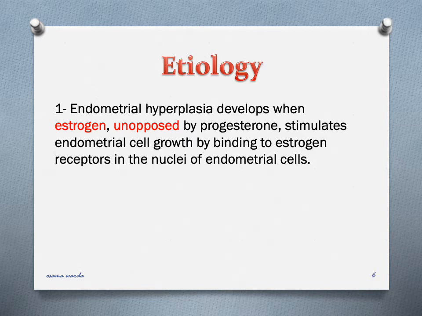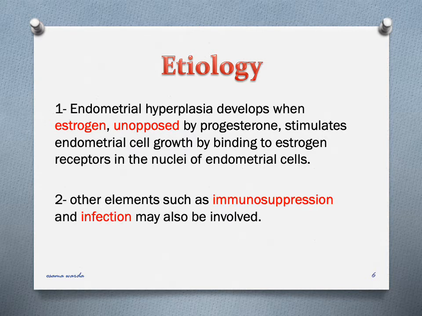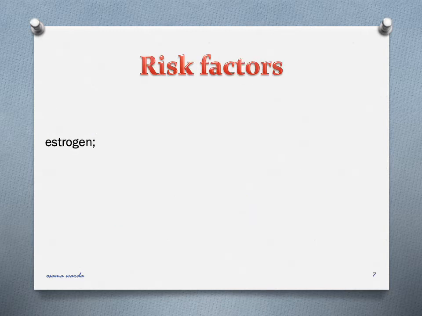So the main cause behind the development of endometrial hyperplasia is the unopposed estrogen stimulation of the endometrial cells. Other elements that may be suggested to have a role in the development of endometrial hyperplasia are immunosuppression and infection.